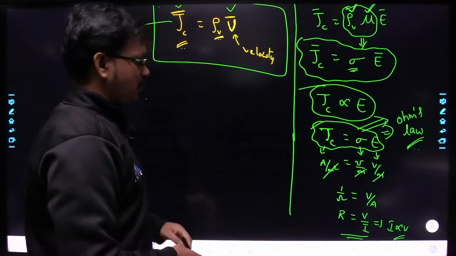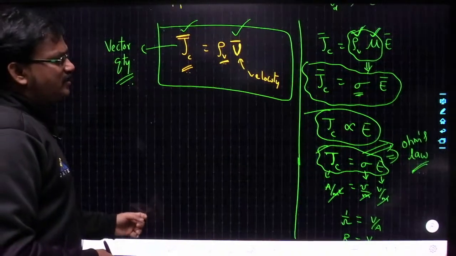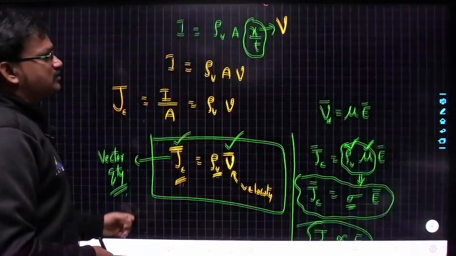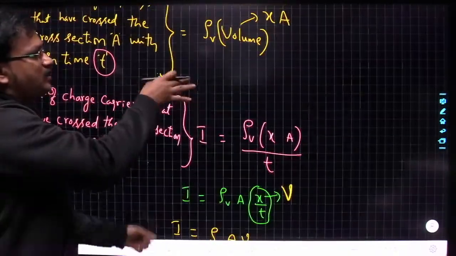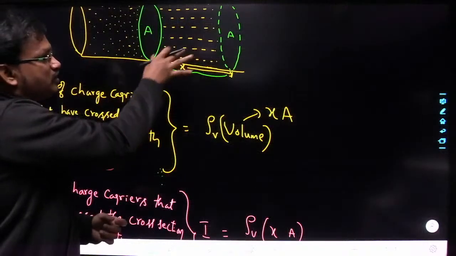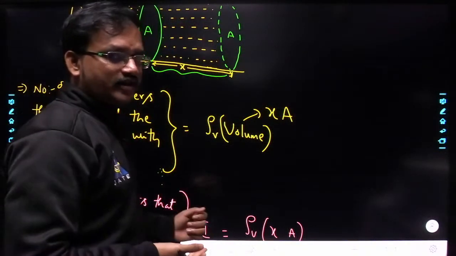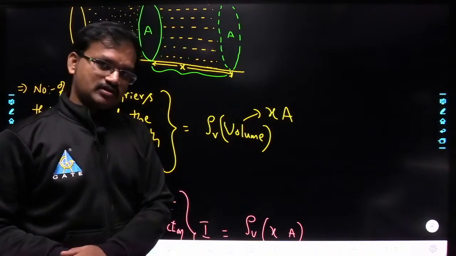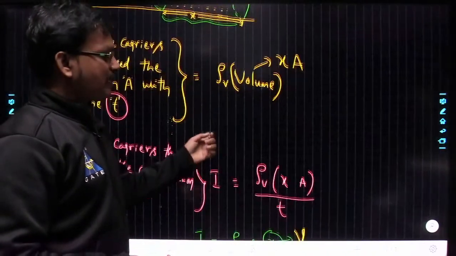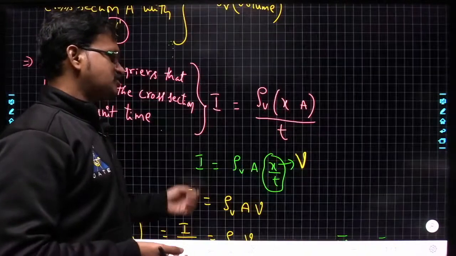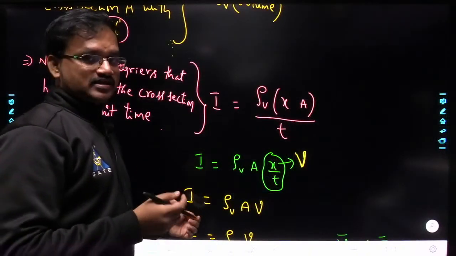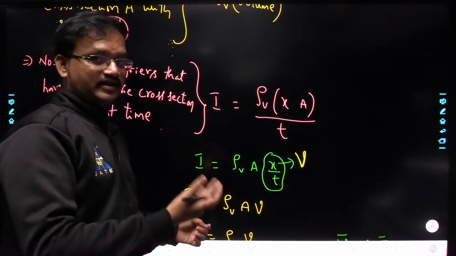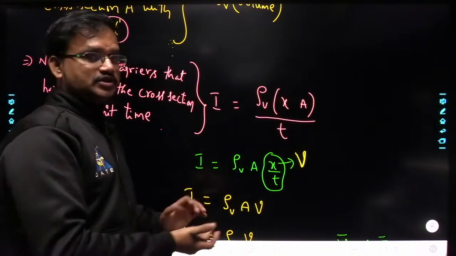Since here the current is flowing through the conducting material, that's why we are calling it conduction current. There is no other specific reason for that. But why I am specifying this as a conduction current will be clear as we proceed into the subject.